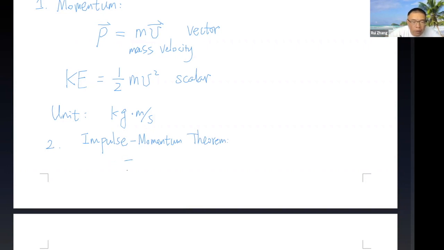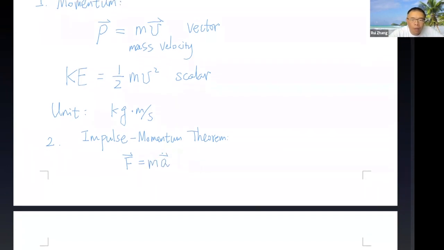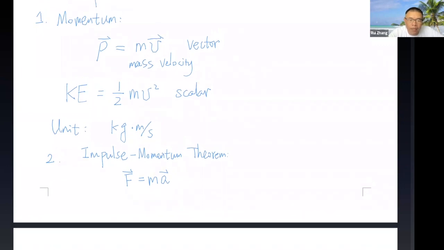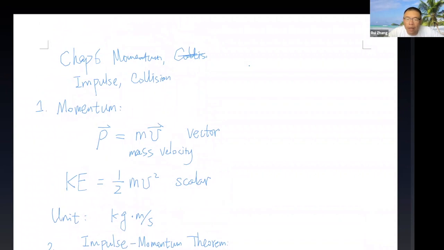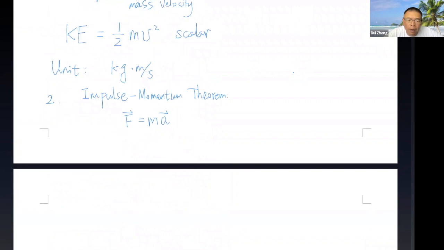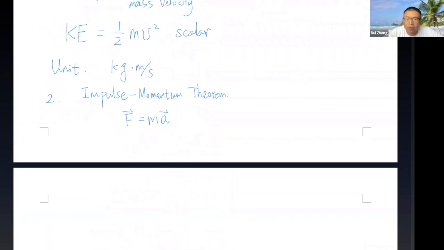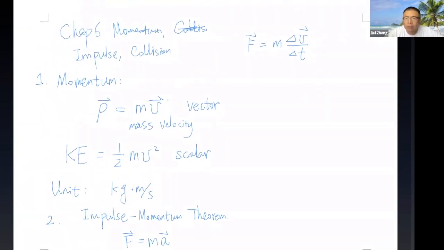You have the total force equal to mass times acceleration. Now what is the acceleration here? In general, for a short amount of time, you can define the acceleration as the change of velocity divided by the change in time. So we write our acceleration using delta v over delta t, right?